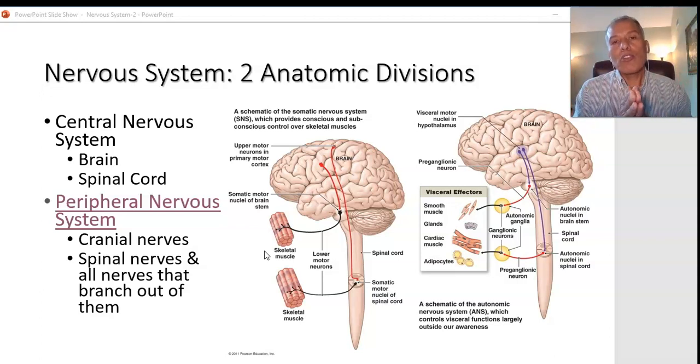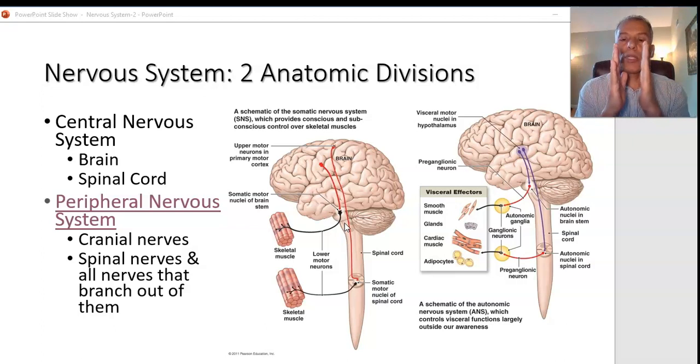For the brain and the spinal cord, inside of the skull we have the brain, and along the brain stem we have 12 cranial nerves that come out from each side. The brainstem has two equal left and right sides, like my right hand, my left hand.